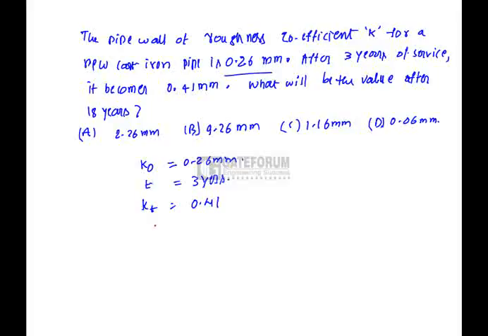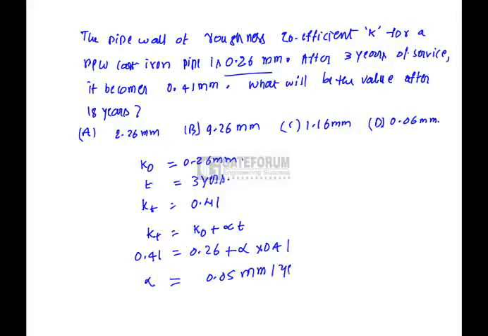So we know the relationship that KT is equal to K naught plus alpha into T. So KT we know 0.41, K naught 0.26 plus alpha T is 0.41. From this equation we can find out alpha, that is 0.05 millimeters per year. Sorry, it is 3 years.